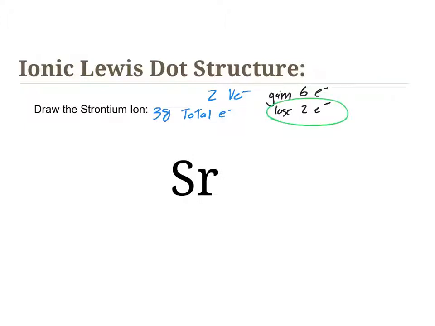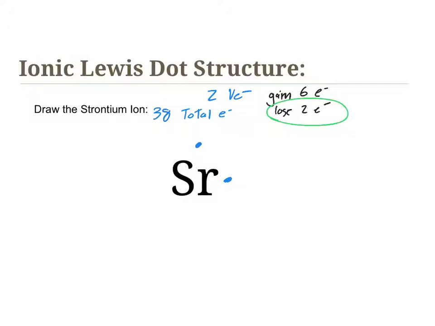So when I draw this, what I'm actually going to draw is the fact that it's going to have 2. Now, don't draw anything yet, because hang on a second. This is what we want it to look like, but what really happens is that strontium by itself, before it becomes an ion, has these 2 electrons, right?